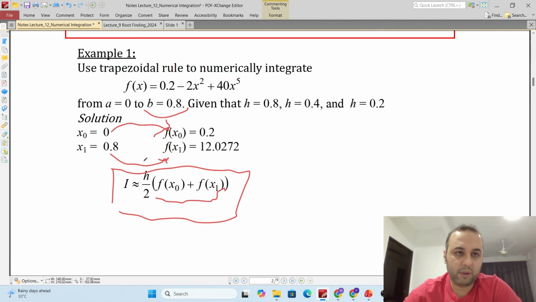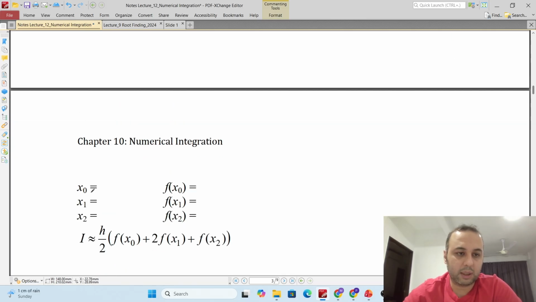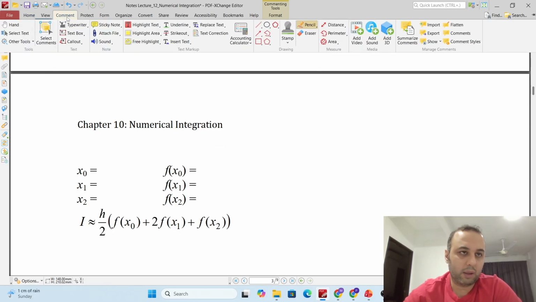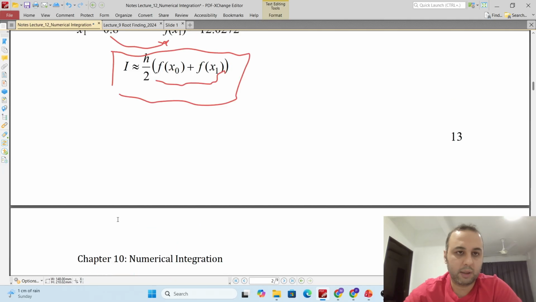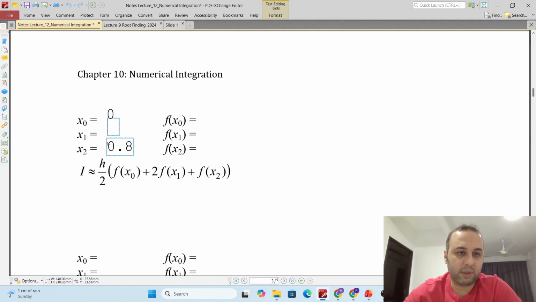If we want more points, for example 3 points, x0, x1 and x2, what can we do? This point I know is 0, and this point is 0.8, so I will add another point between these two, which can be 0.4.